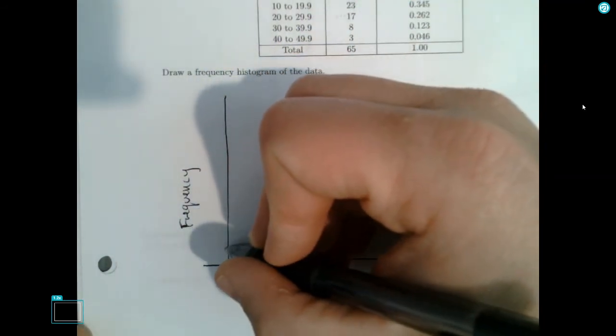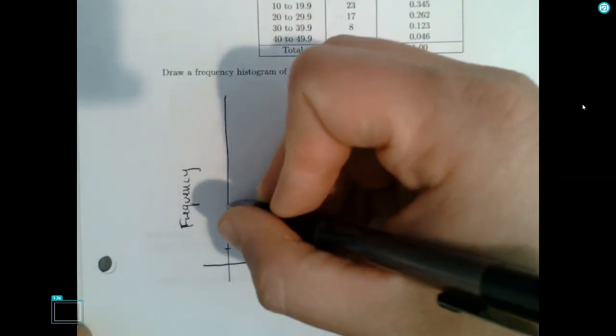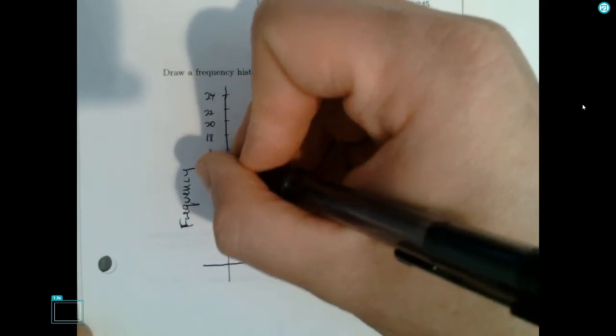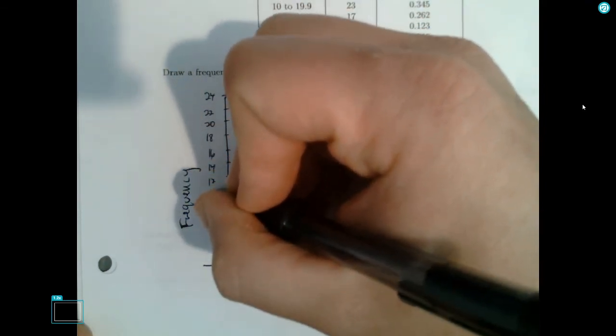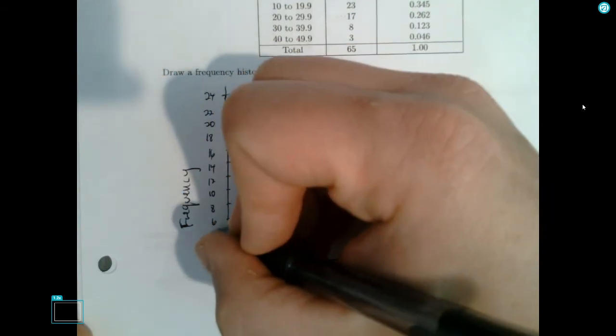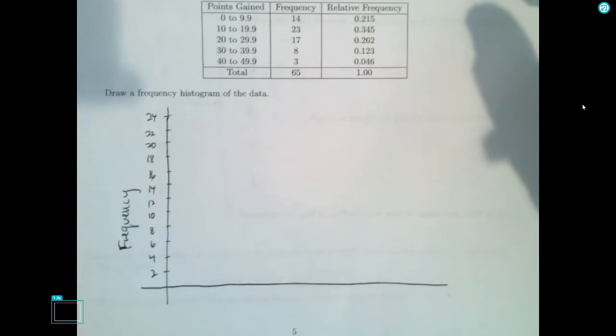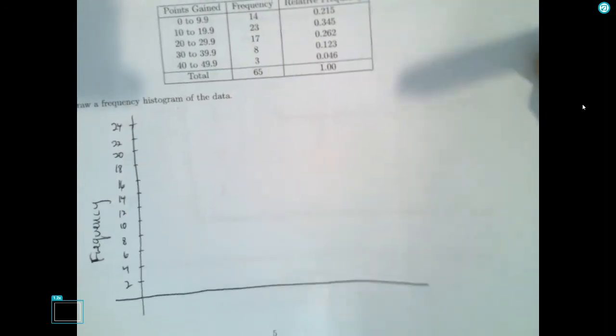So let's say 2, 4, 6, 8, 10, 12, 14, 16, 18, 20, 22, 24. Okay, so that's settled. And then as far as the x-axis goes, right?